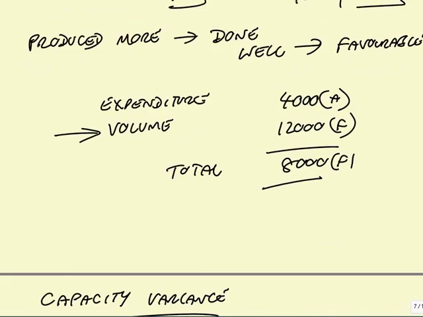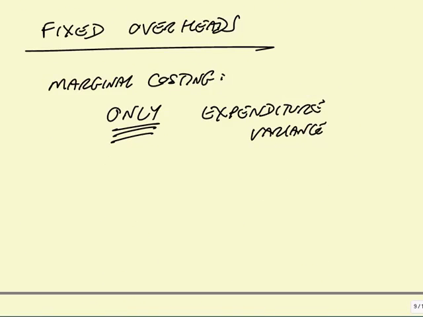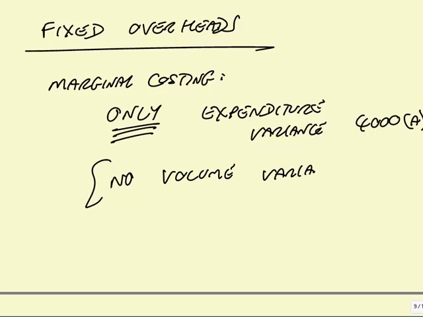There is no volume variance because you're not absorbing. But do remember that. Fixed overheads, it'll probably be absorption because then he's got more he can test you on. But do check. If there's any mention of marginal, everything is identical except fixed overheads.